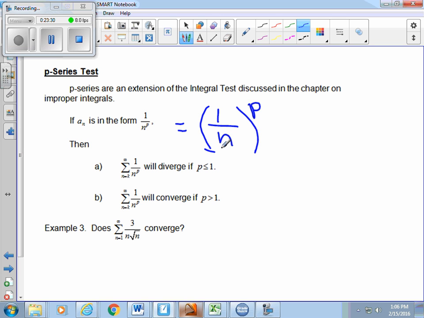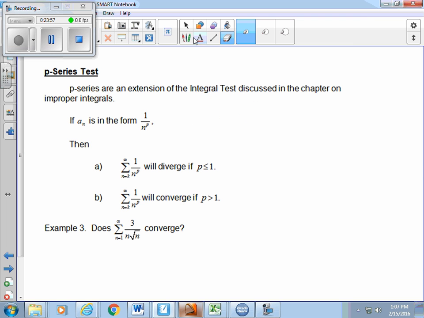Okay, if p is greater than 1, like 2, wouldn't this be a lot like 1/n squared? And as n approaches infinity, wouldn't it make sense that that would go to 0 and it would be possible for the integral to converge?